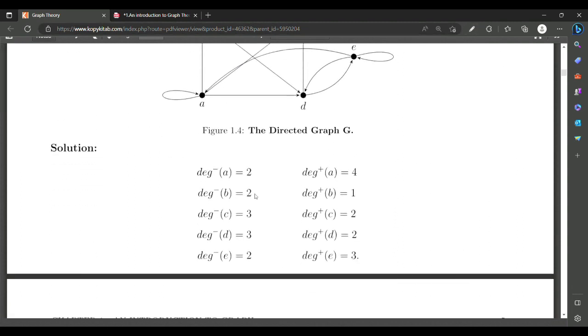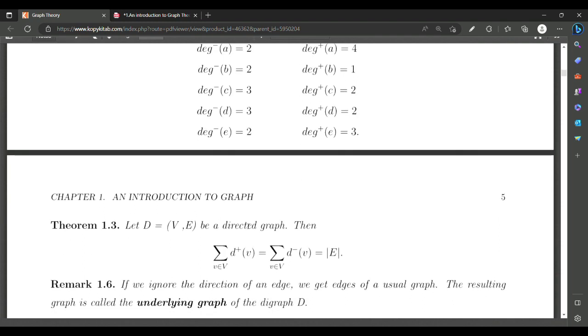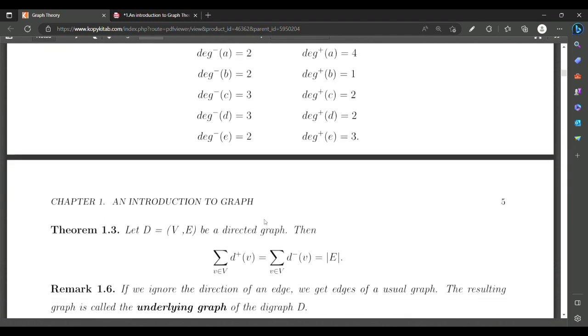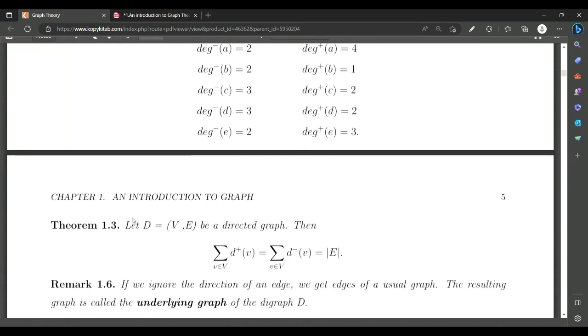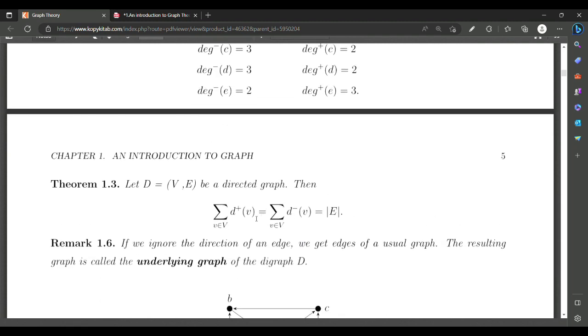Likewise, we can find the degrees of A, C, D, E. Now again a theorem is given. Let D = (V, E) be a directed graph. Then the sum of the in-degrees of the vertices is equal to the sum of the out-degrees of the vertices.